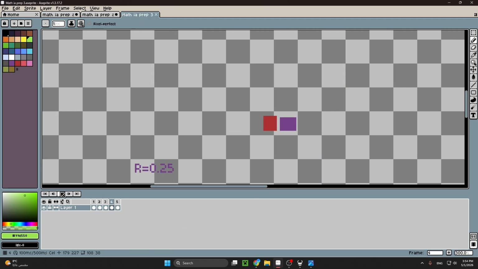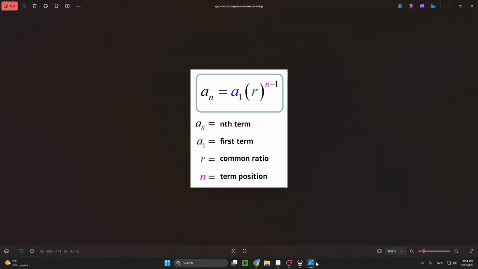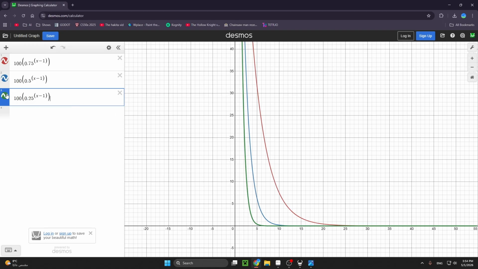So yeah, now you can see how this connects here exactly. This is the formula applied in Desmos, which is a very cool website. A1, which is the first unit as well, which you can just say is the first distance, is 100 in all of them. Let's just take one graph at a time. This is the graph that we have.